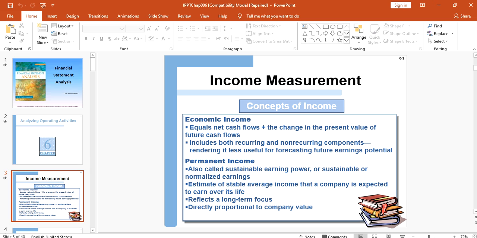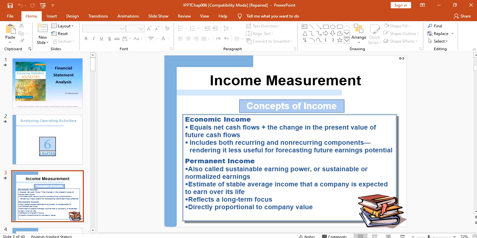Okay, so how incomes would be measured, and it's important to know what's supposed to be included in income and what's supposed to be not included in the income. Sometimes some of the firms are including some items which is not supposed to be in the income statement.